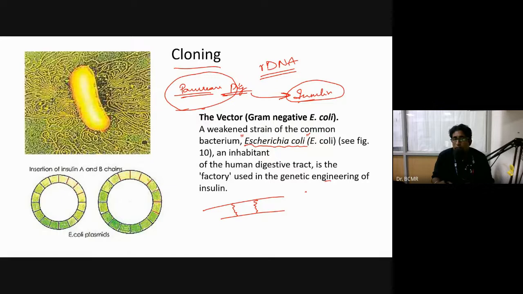If it were a single gene producing one mRNA, which then forms one protein, it would be easy and straightforward. But that's not how insulin is. Insulin is like this.